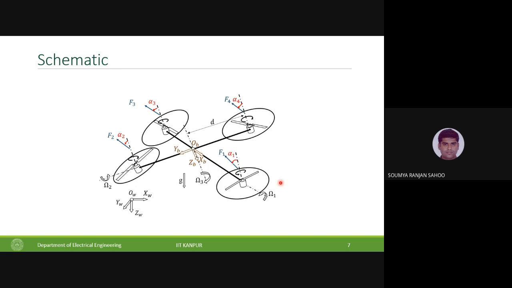So I'll explain the modeling of this particular quad, but before you go there, this is just a schematic of the vehicle.